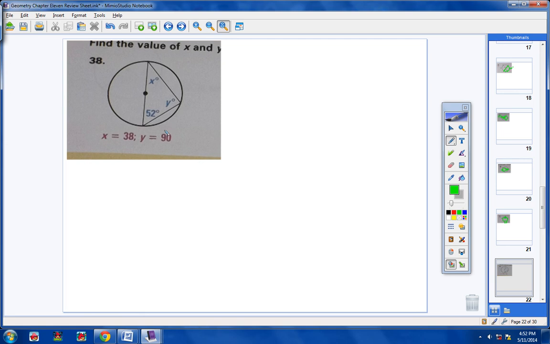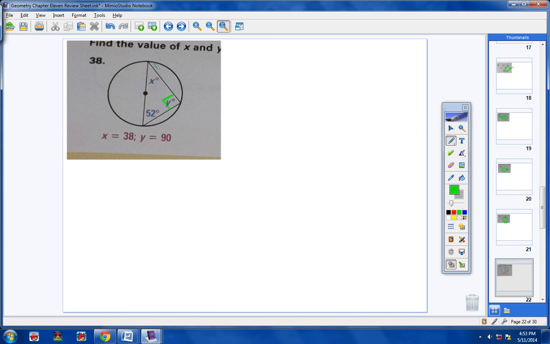Okay, if you have an inscribed triangle, and we do, do we not? And one of the sides is a diameter, which is what we have, right? We have an inscribed triangle, and one of the sides is a diameter. When that happens, then you know for sure you have a right triangle. And obviously this is your bigger angle. This is going to be your right angle right here. Let me say that again.